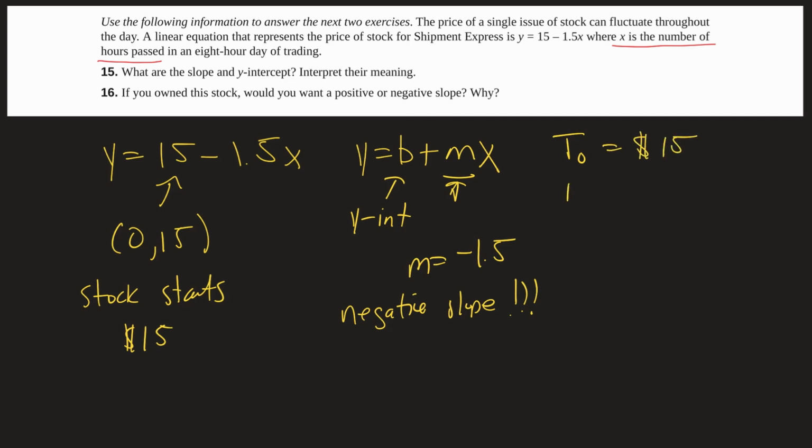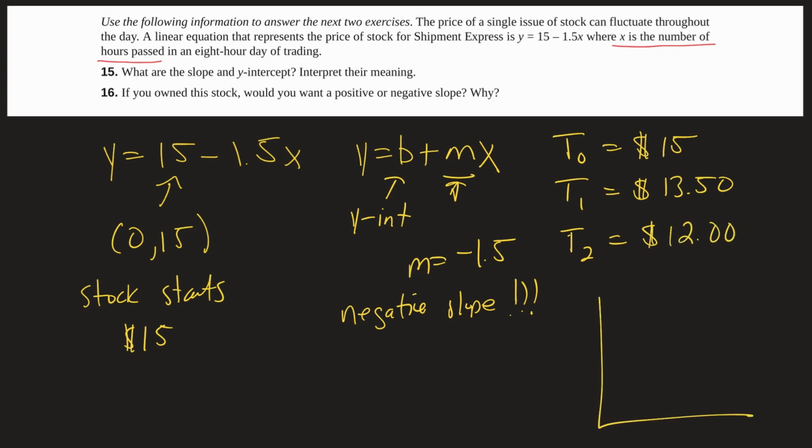And then at time 1, so after 1 hour, what's the value of the stock? Well, it's $1.50 less. So it's going to be $13.50. What about time 2? After 2 hours? Well, $1.50 less than that. This is going to be $12. So on and so forth.